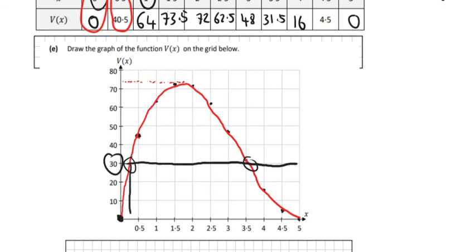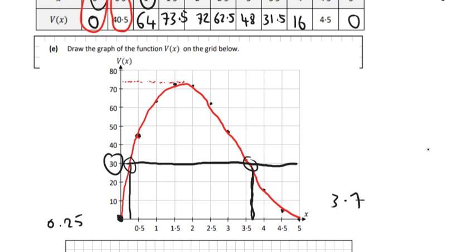I'm getting pretty much halfway there between 0 and 0.5, so I'll just use 0.25 as one answer, and then the other one, yeah, it's hard to draw a straight line on this, but I'd say it's not fully 3.75. I'll just say maybe 3.7.